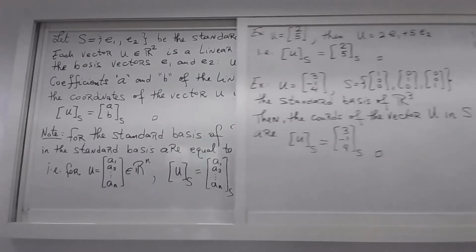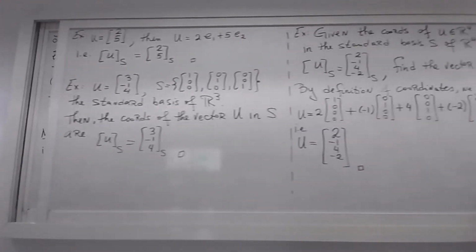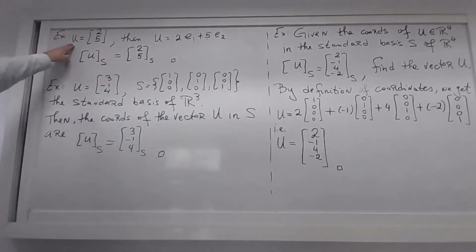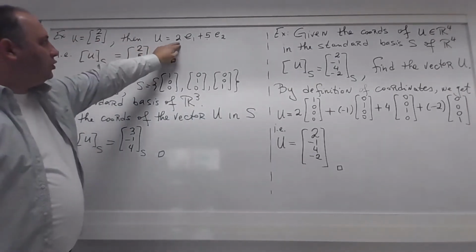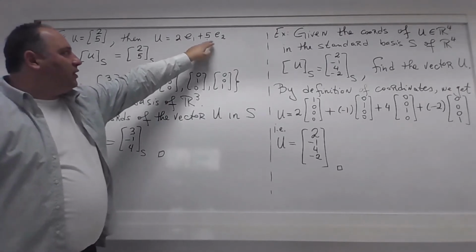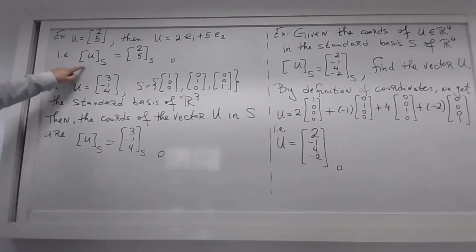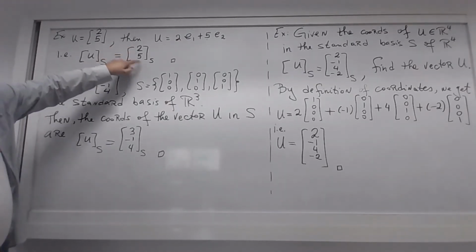So an example, easy examples. If I have vector 2, 5 in R2, obviously 2, 5 is written as 2 times E1 plus 5 times E2. That means that the coordinates of this vector in standard basis are 2 and 5, okay?